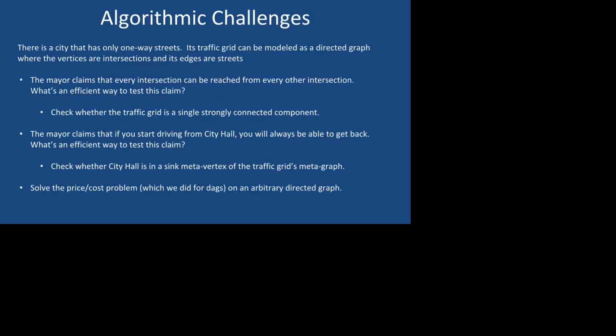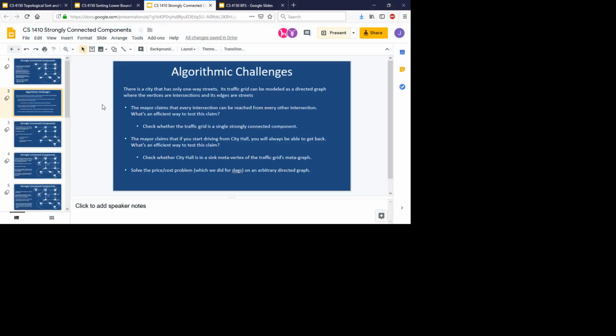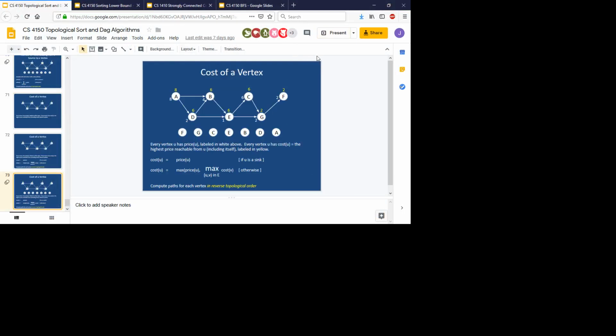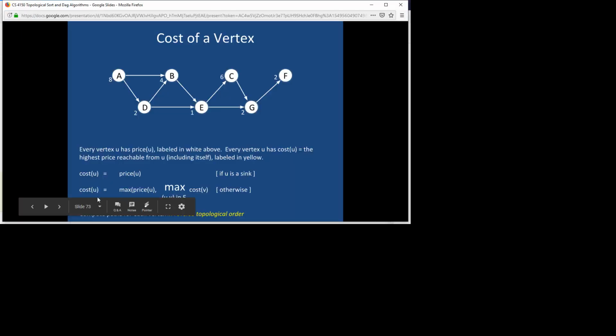All right, here's one more example. You remember the price cost problem that we did before, or maybe not. I'm going to go back and bring it up. Here it is.